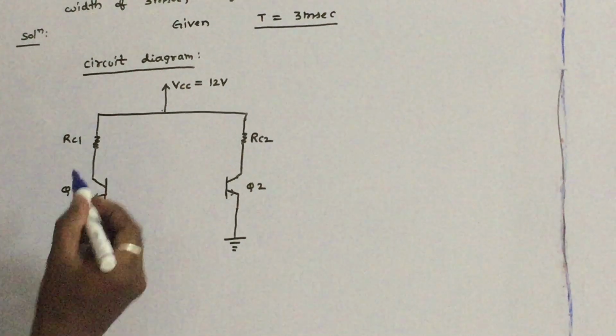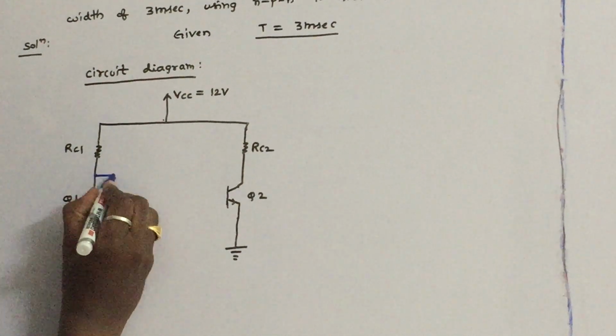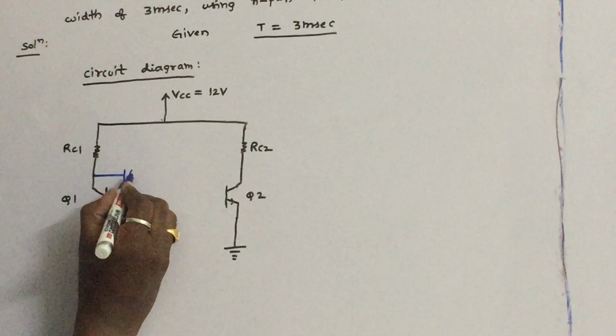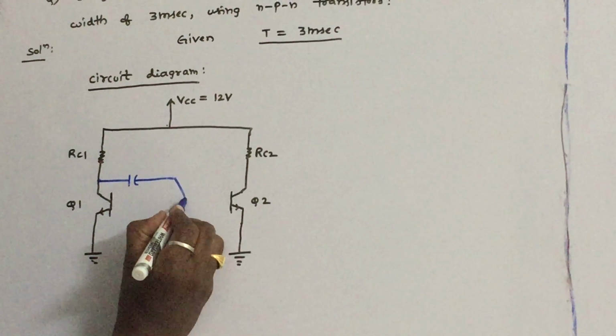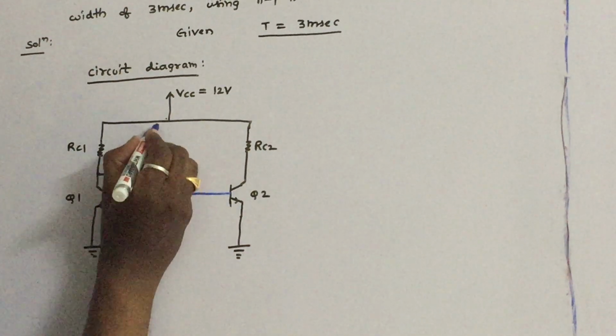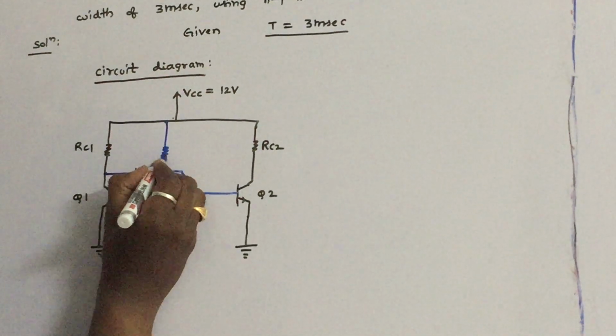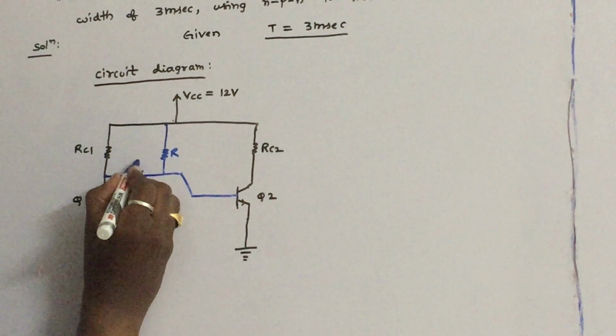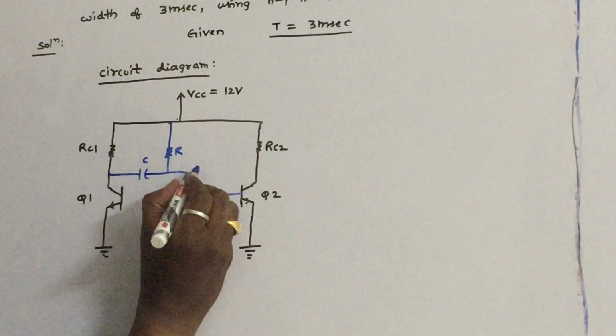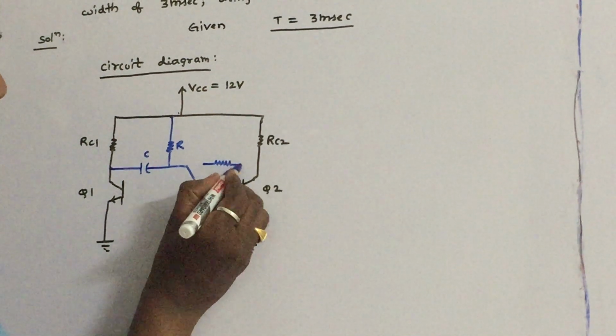Connect the collector output of Q1 to the base of Q2 and connect a resistor here. So let us take one more resistor here, R1.